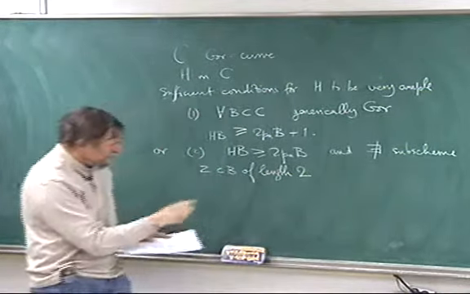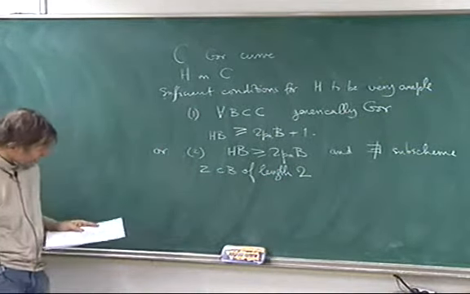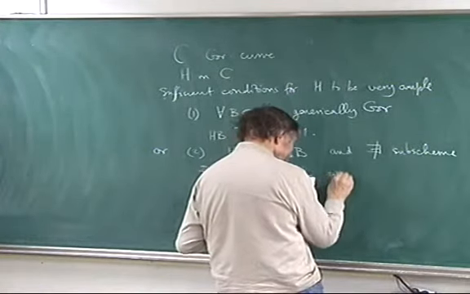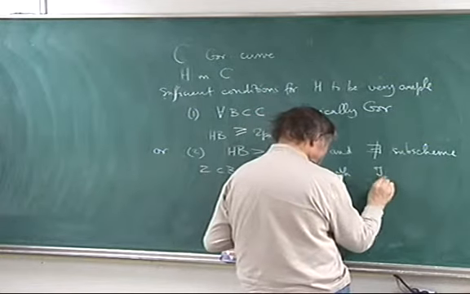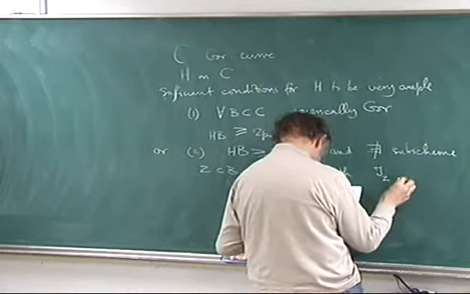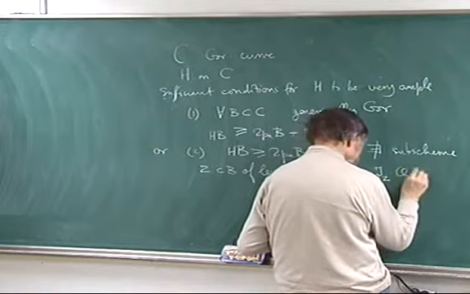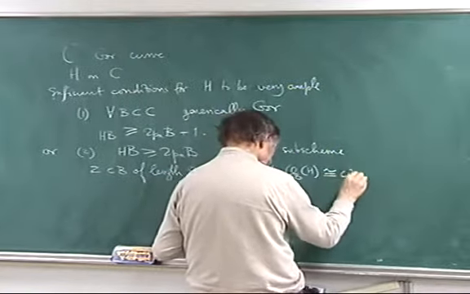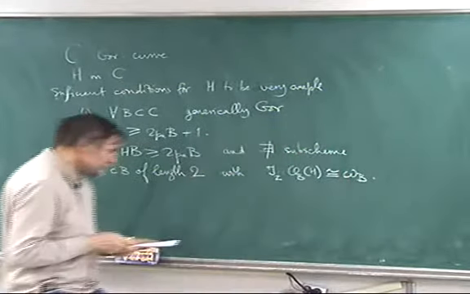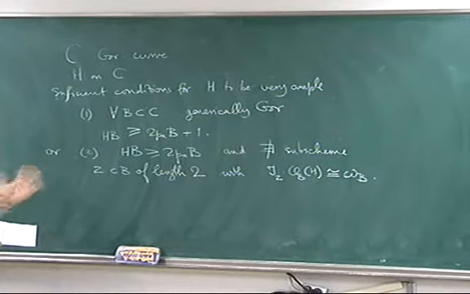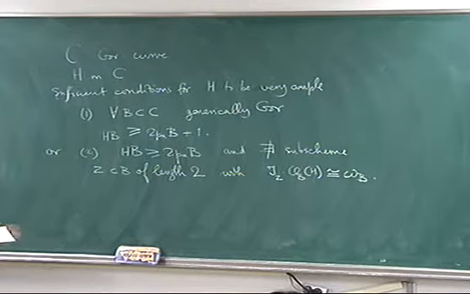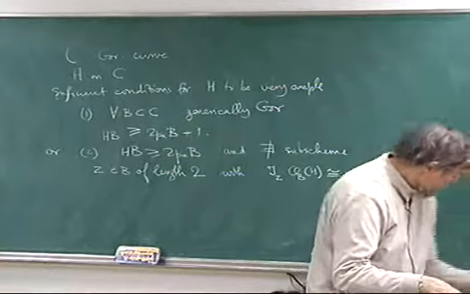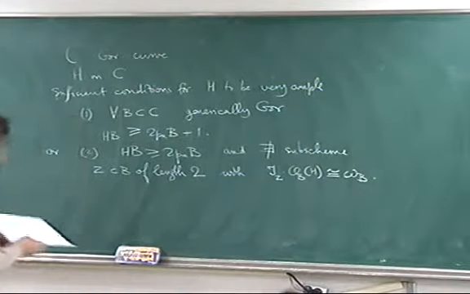So this means either two separate points or a point and a tangent vector at the point, with IZ times OB of H isomorphic to omega B. Okay, so this is the first theorem in the paper. Let's just read the statement.